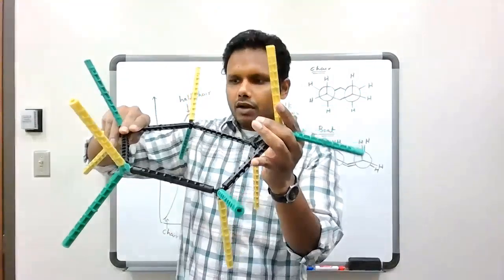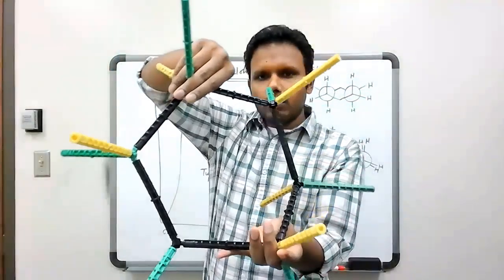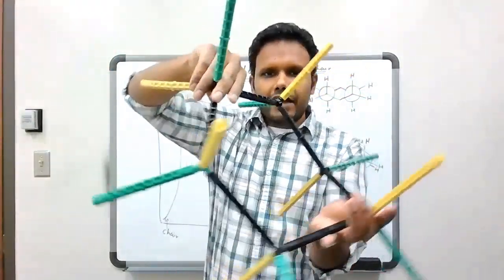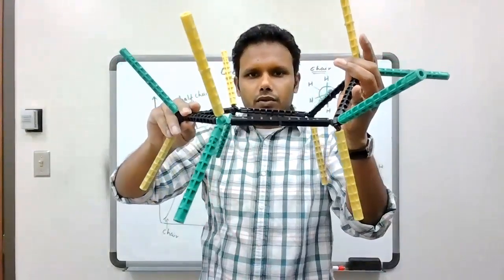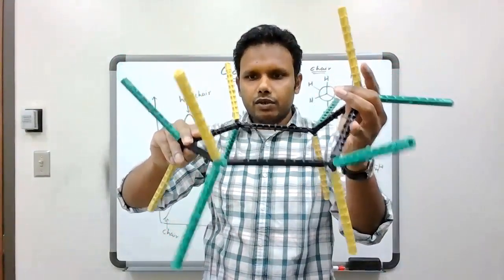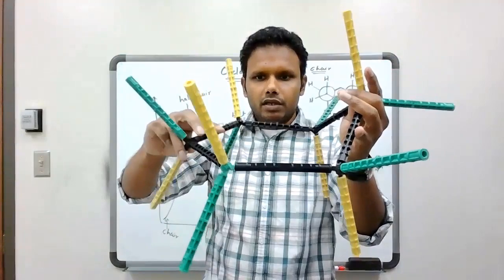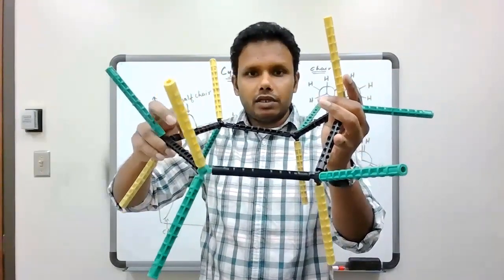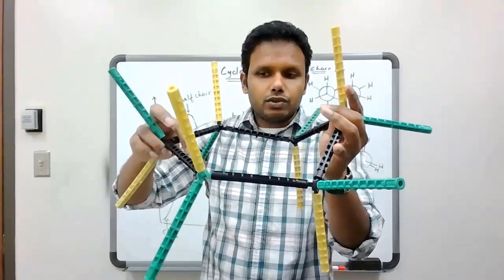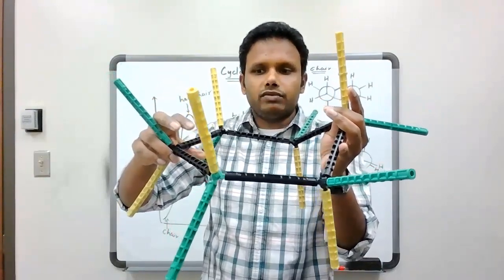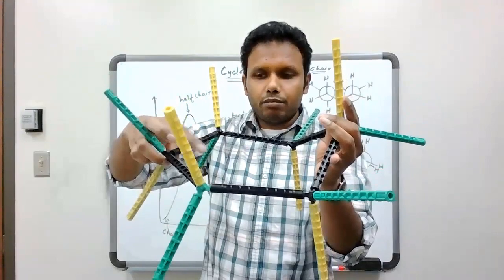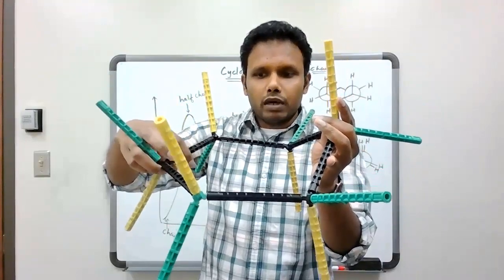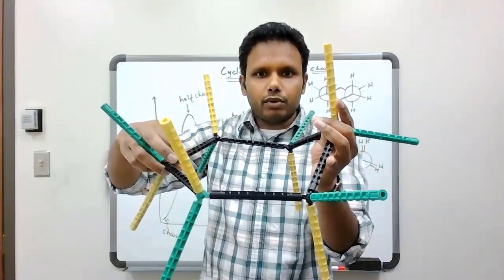This half chair conformation now creates a flat portion in the molecule. There is a flat portion of this molecule here. And what we know is when a six-membered ring, or any membered ring, is flat, it's not going to have 109.5 degrees. So it's going to expand the bond angle a little bit, more than 109.5 degrees.